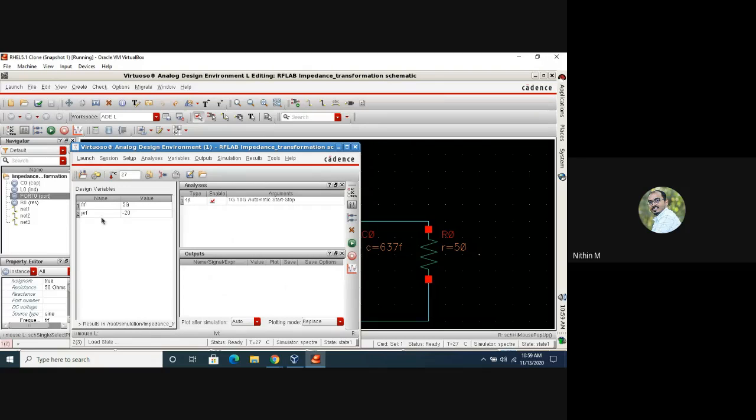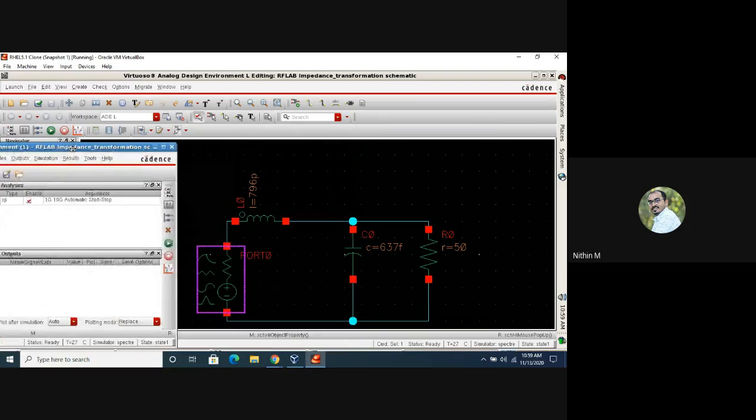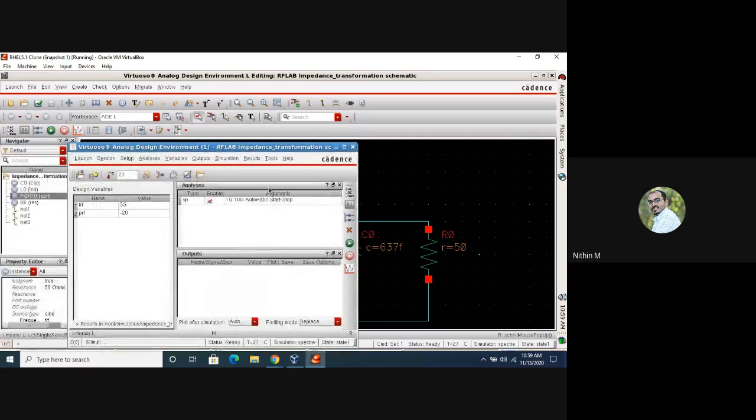And I'm giving an input component of minus 20 dBm as my input signal. Since I want to evaluate the real impedance here, I'm doing an SP analysis.